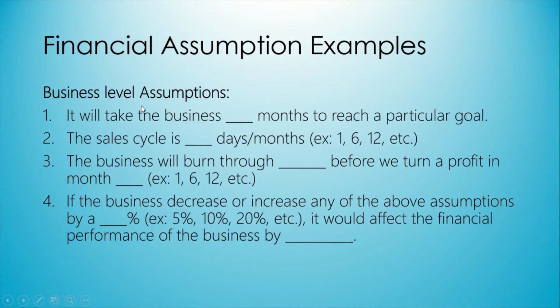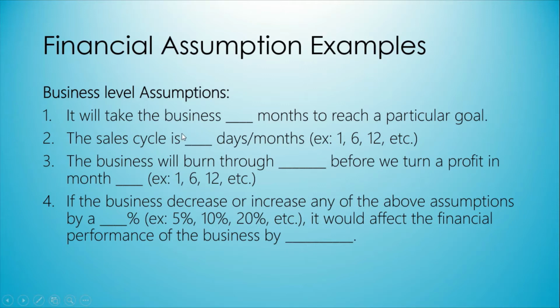So, basically, this is going to be the first page of your financial aspect. It's usually a one page description. It's not a literature. So it's going to be a one page description of the following. So you can start your financial assumptions with the business level assumptions like how many days would the business operate?